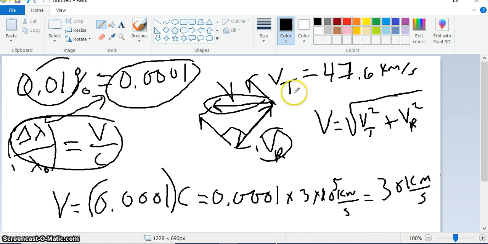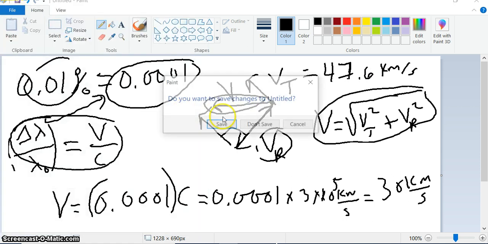So now we're going to use this equation right here, and we're going to use v sub r as 30 and v tangential as 47.6. All right, so let me get a new page here.